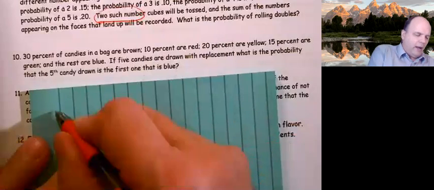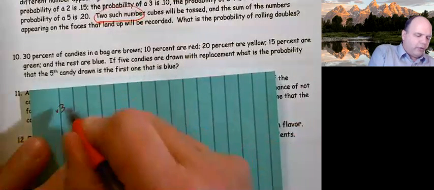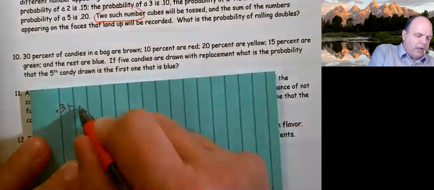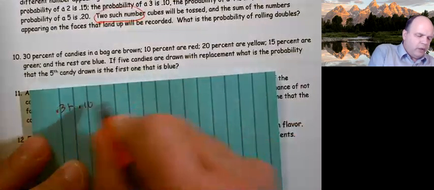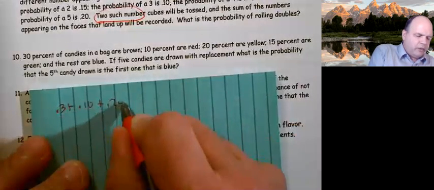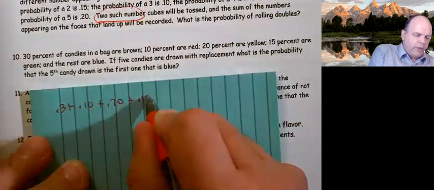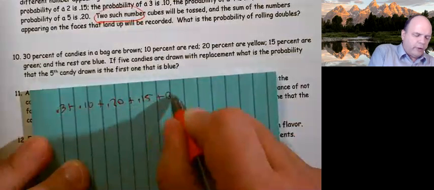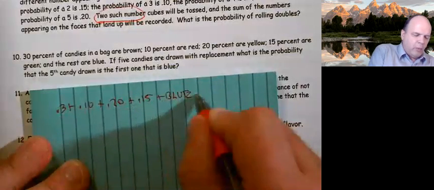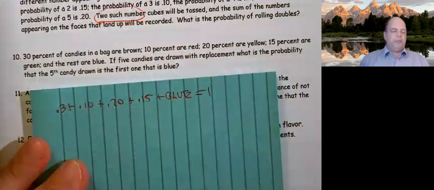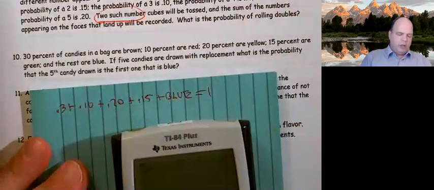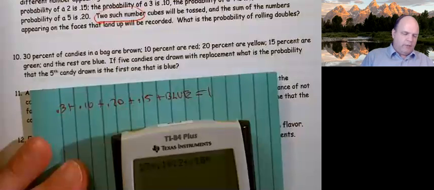And we happen to have brown is 30%, red is 10%, yellow is 20%, green is 15%. They didn't tell us what blue is, so we're going to have to figure out blue. We know that it has to equal 1 whole to be a valid probability distribution. So 0.3 plus 0.1 plus 0.2 plus 0.15 equals 0.75.